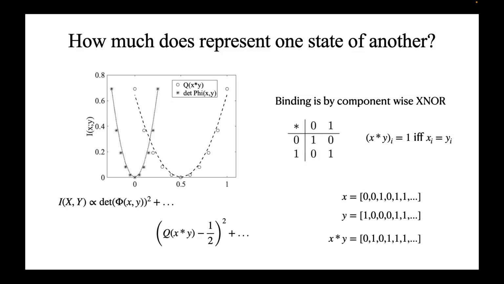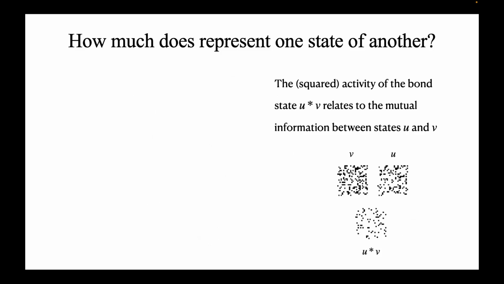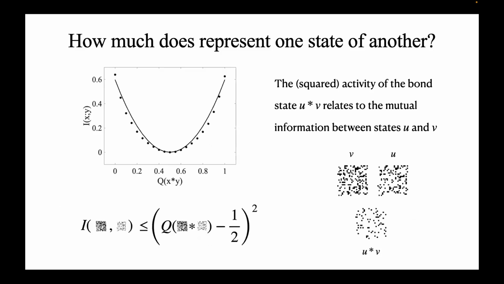And if you now go one step further, if you have such two states of two objects and you bind these objects together, then the squared activity of this bond state somehow relates to the mutual information between states U and V. This is simply something I've shown here again.